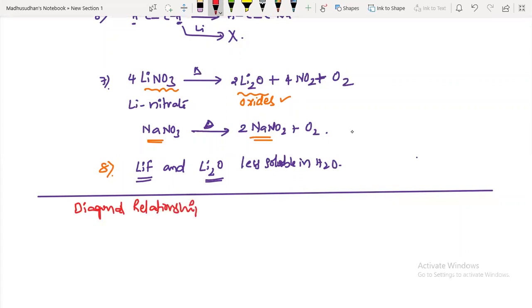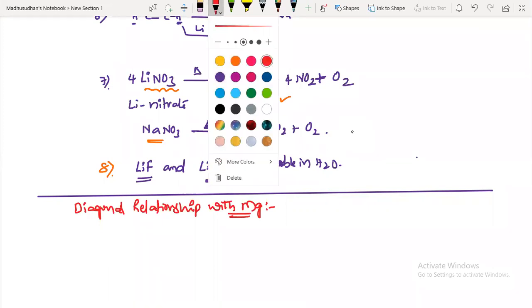Diagonal relationship with magnesium atom. What happens in this case? Both lithium and magnesium are harder. Okay, that point is already covered. I will try to cover some new points here.